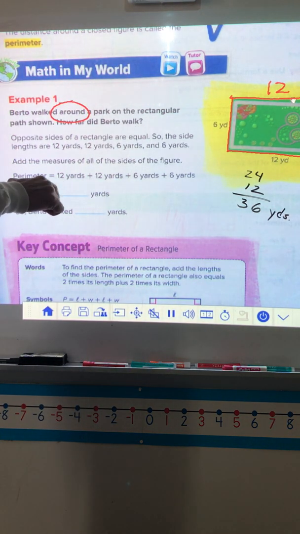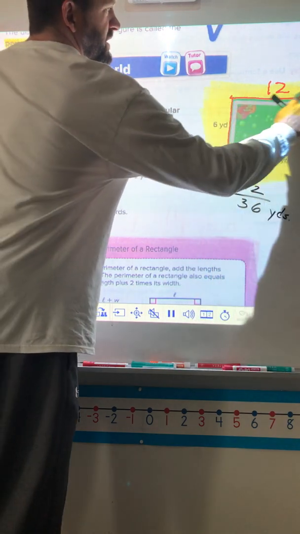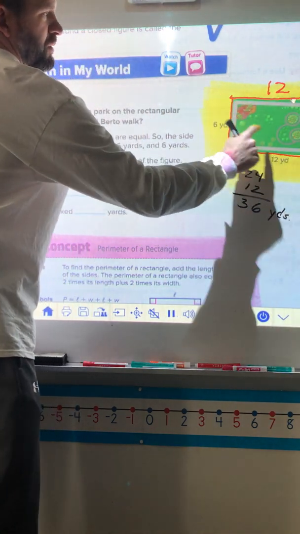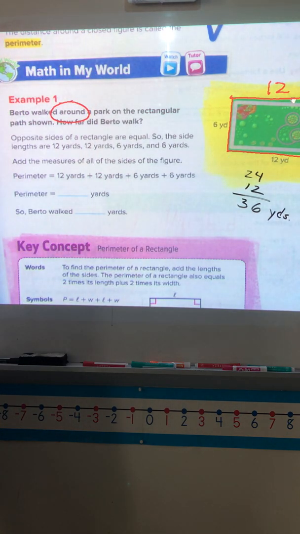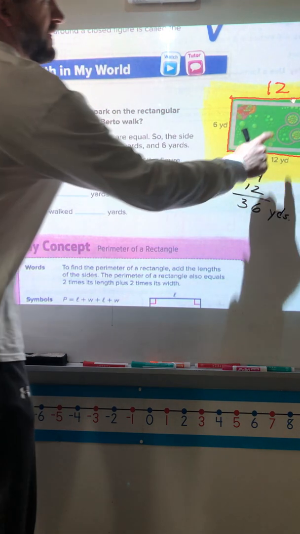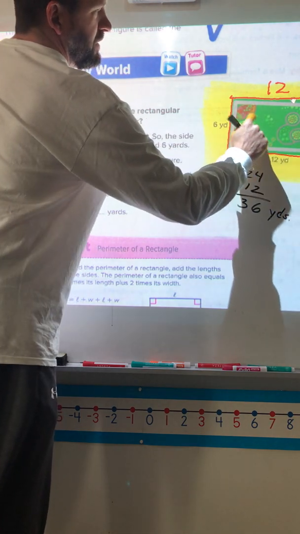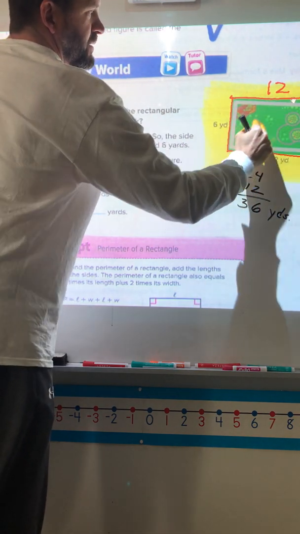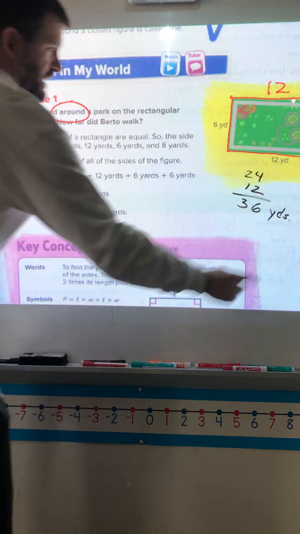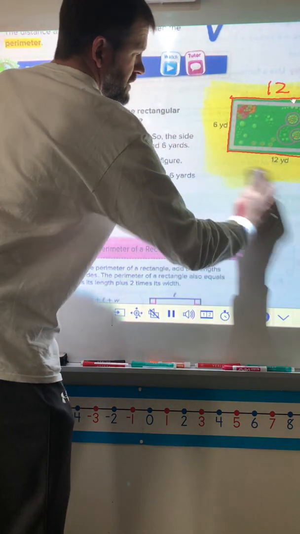Now, jump ahead a little bit. If the perimeter is the distance around a shape, what's this part going to be in here? And I almost gave it away by saying this area. This is going to be the area. The perimeter is the distance around a shape. This is going to be the area. That's for the next lesson. Okay.